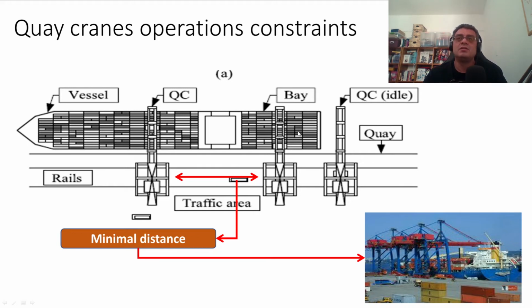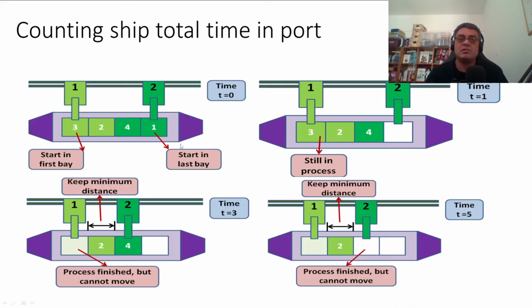So it's important to consider this. And also you have to consider how much time they're going to take to operate, or how much time they're going to spend moving between bays. So this is an interesting and important problem that we also used.